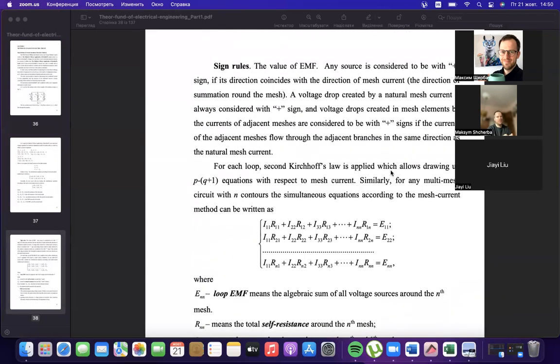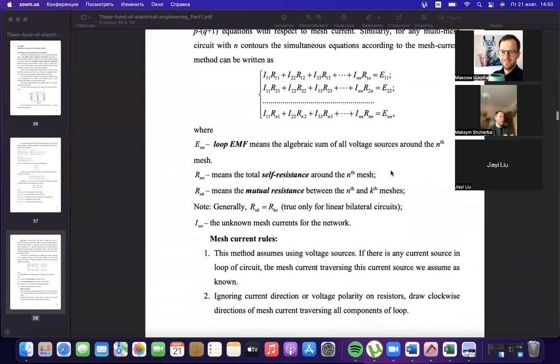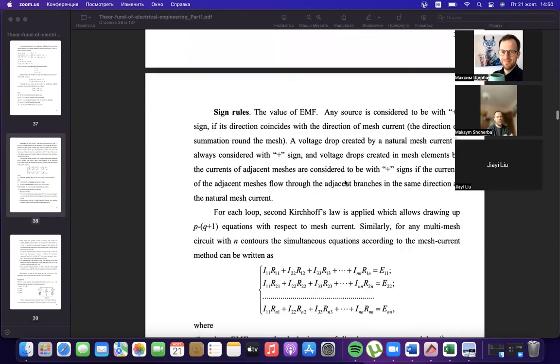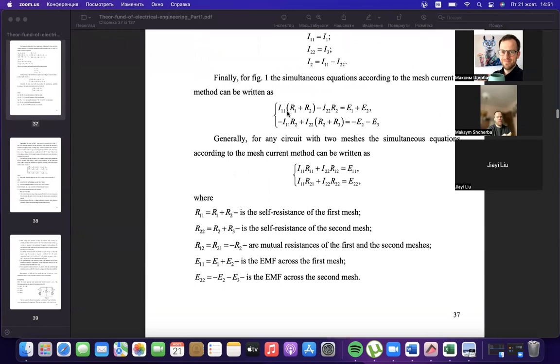As for me personally, I like better not such a general form where we write the equation and look for coefficients R11 and E11, assuming that some coefficient equals something.